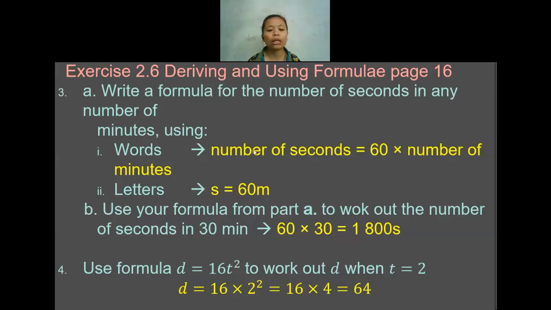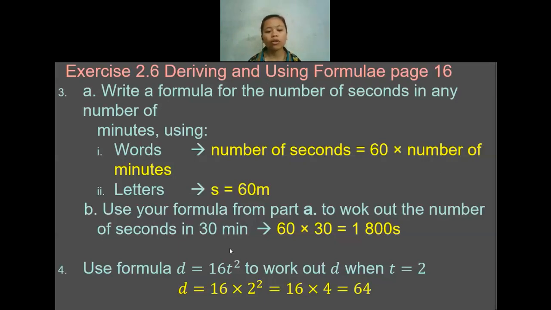So we can write it as the number of seconds is equals to 60 times the number of minutes if we write the formula in words. But later if we are going to write the formula in letters, we can just replace the number of seconds with s for seconds, and the number of minutes with the letter m for minutes. So if it is in letters, the formula will be s is equals to 60m.